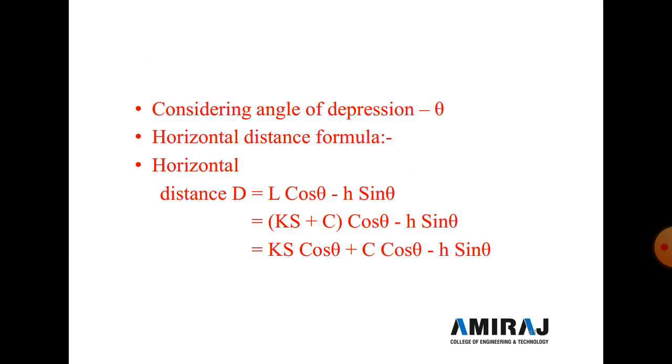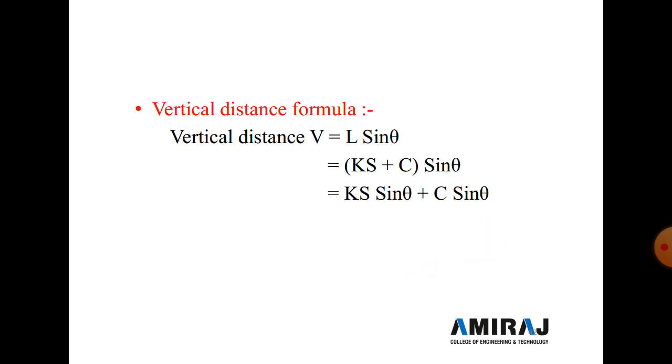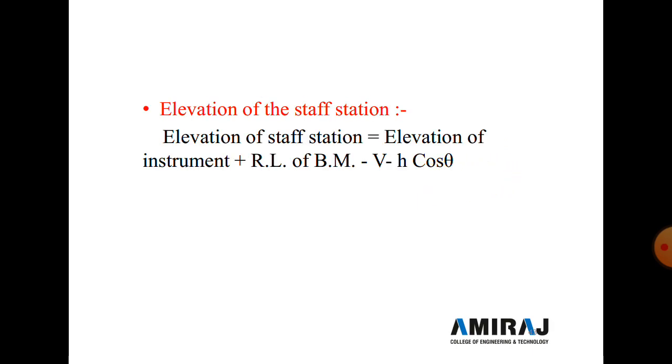If the staff is put at a depression angle, then L = Ks + C, so Ks cos θ + C cos θ minus h sin θ. Similarly, the vertical distance is L sin θ. So L = Ks + C, so Ks sin θ + C sin θ.